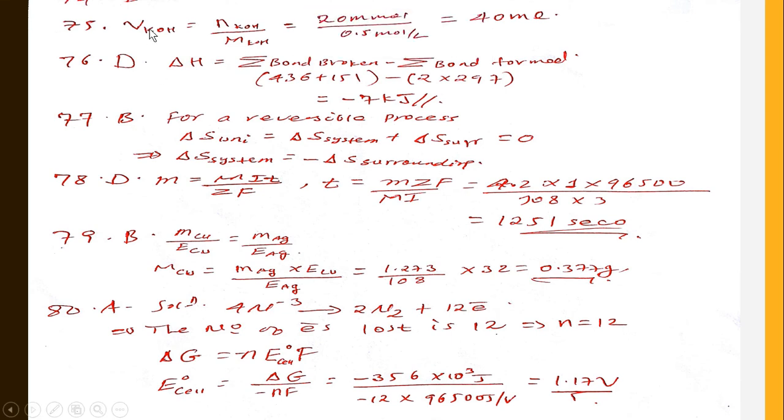Here the volume of potassium hydroxide is equal to moles of potassium hydroxide over molarity of potassium hydroxide, that is 20 millimole over 0.5 mole per liter, and you will have 40 milliliters of potassium hydroxide. So for question number 75 the answer is 40.